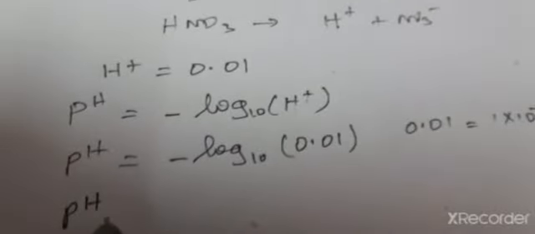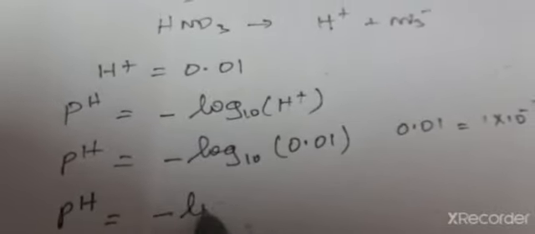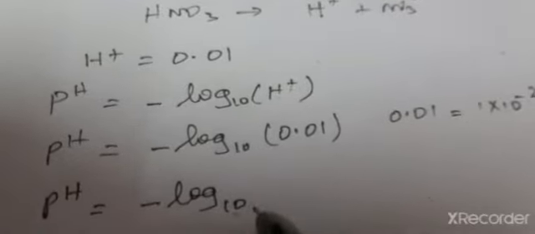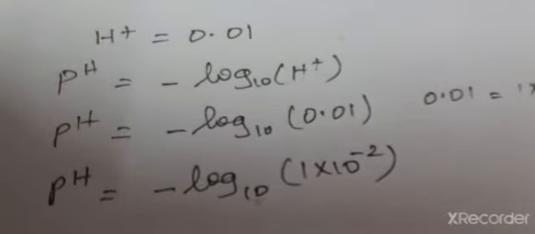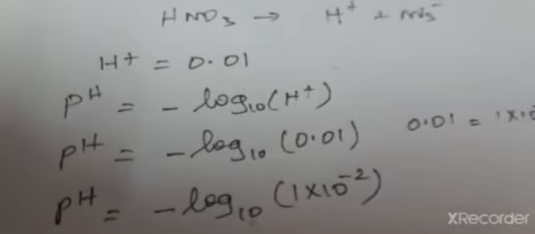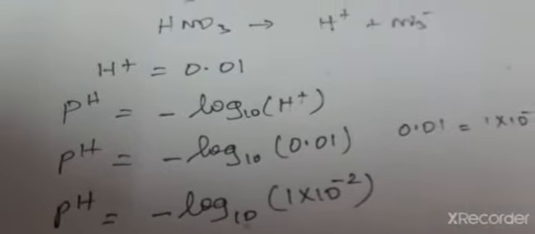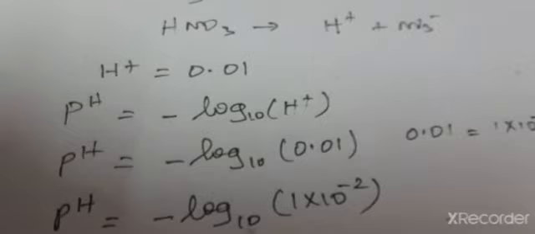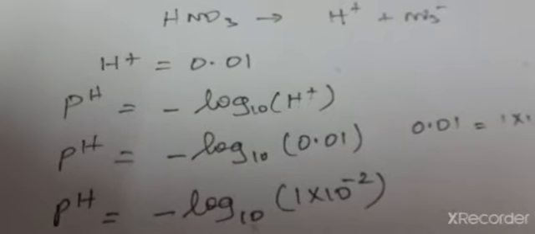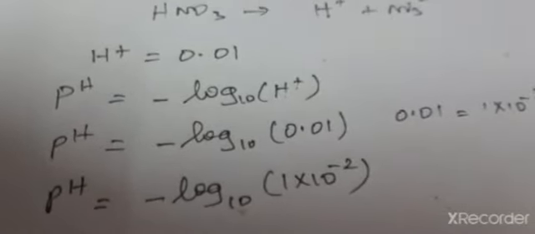So instead of that you can write pH is equal to minus log 10 of 1 into 10 power minus 2. We can write like this. Then see here it is given in the form of log 10 A into B. You can separate it using the plus sign.